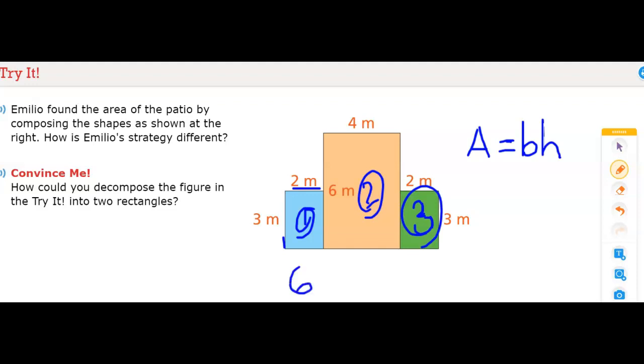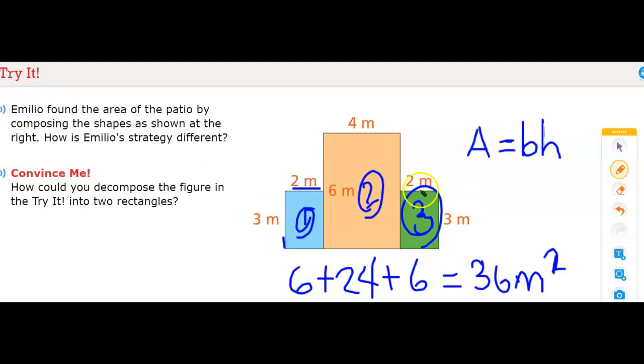Then we have 4 times 6 is 24. And then we have 2 times 3 as 6. So we have the area of each one, and then we add them up. And 6 and 6 is 12. And 24 and 12 is 36. So we get the same area, even though Emilio cut his in a different direction. We still have the same area.